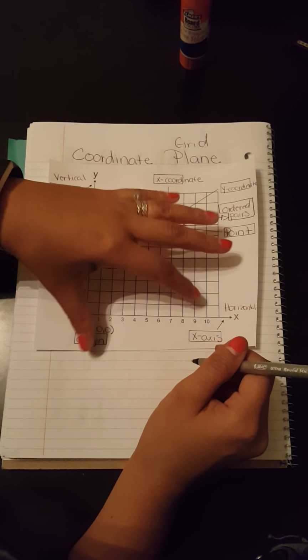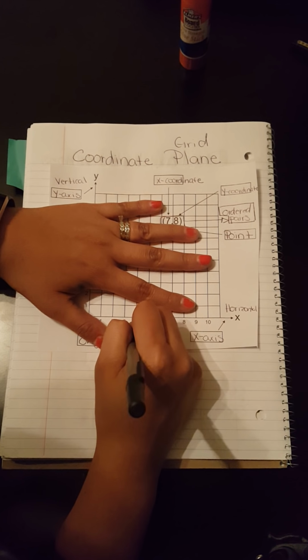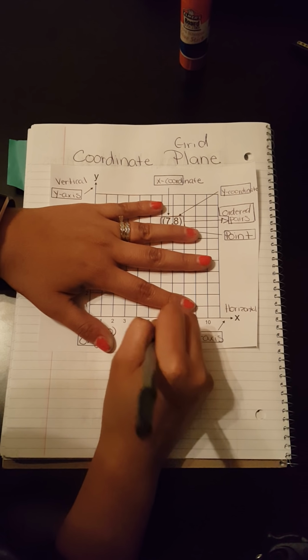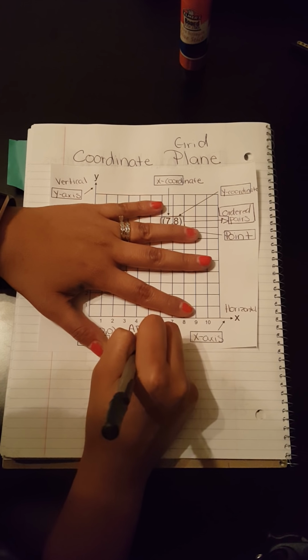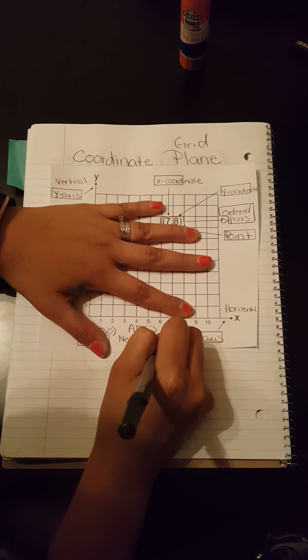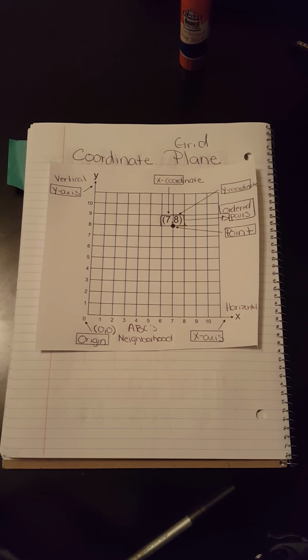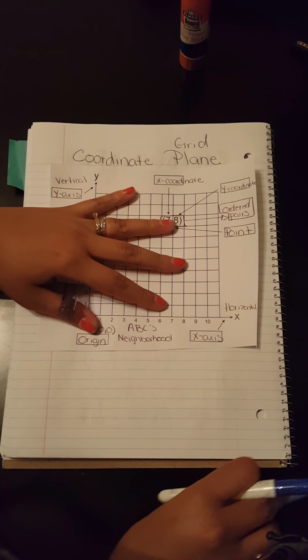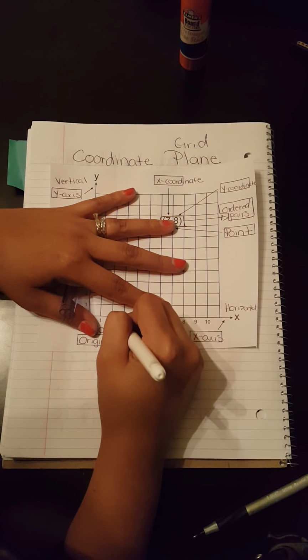And just to make it a little bit more fun, we're going to call this graph here the ABC's neighborhood. So this little map is a map of the ABC's neighborhoods. And here is where the alphabets live.